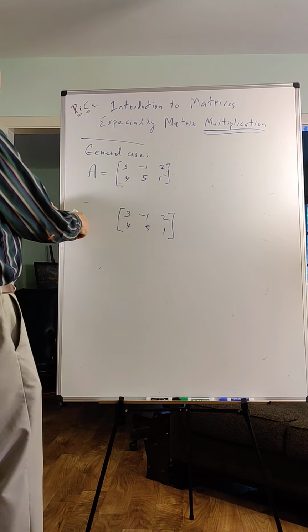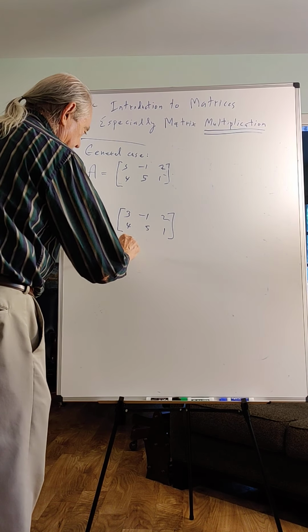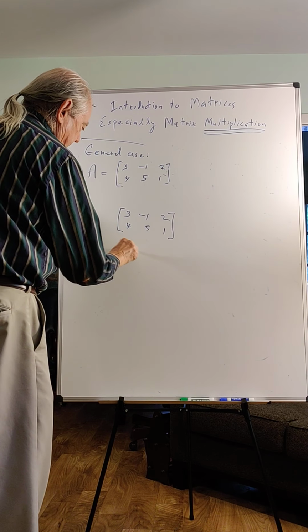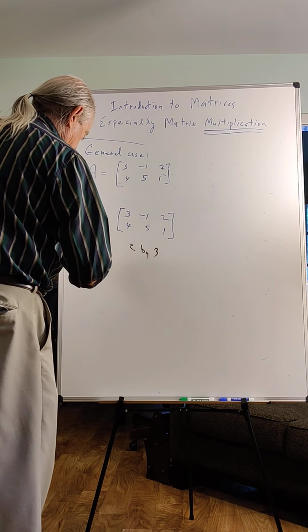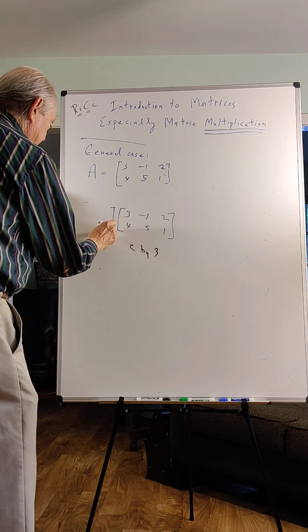Now I can multiply either on the left or on the right. Now this, of course, is 2 by 3. So if I want to multiply on the left by an identity matrix, it had better be 2 by 2.